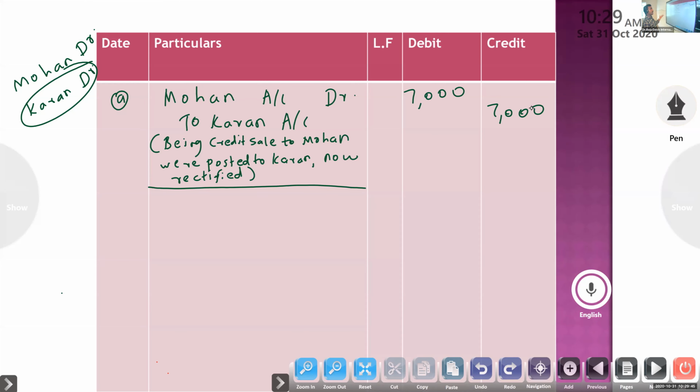Okay, so when double amount will come, purchase, sales, purchase. Wrong head, wrong side. Debit transaction we record in the credit, credit transaction we record in the debit. Then only double. Otherwise, same amount.